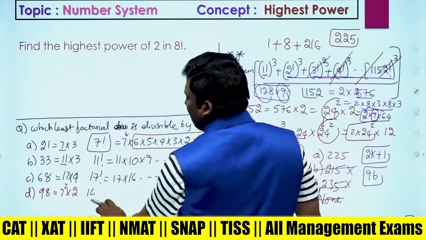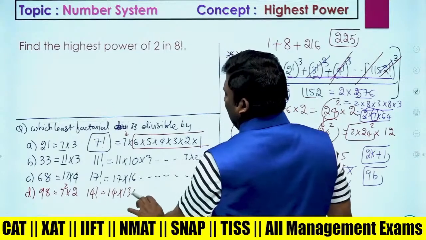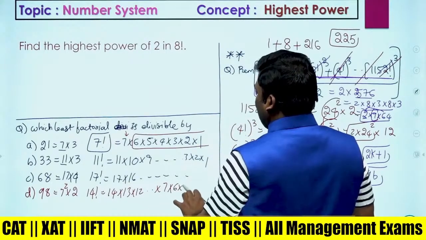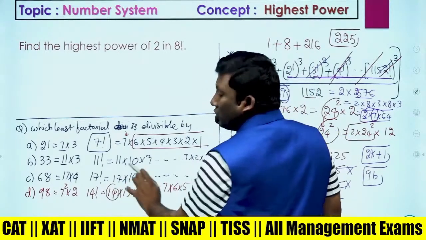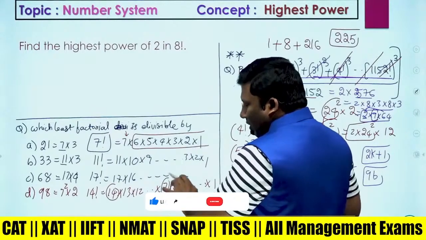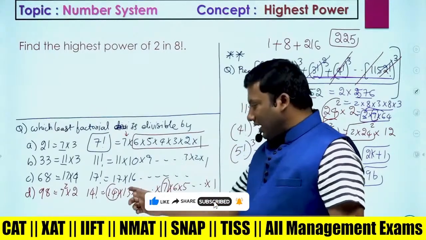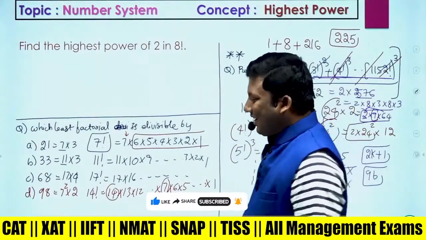So what will be the answer? 14 factorial. Why? Because it is 14 into 13 into 12 and so on up to 7 into 6 and so on up to 1. It is 7 into 2. 1 power of 7 we got here, and here also 1 power of 7 we got. So 7 into 7, 49. Anyway 2 will be present. I hope the idea is clear.